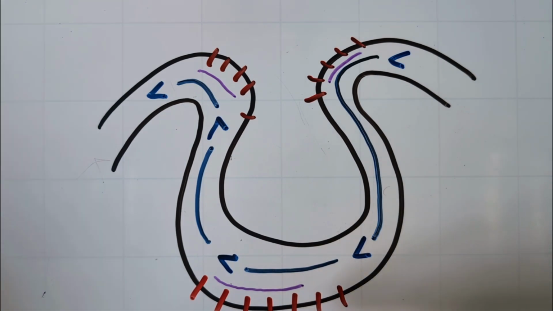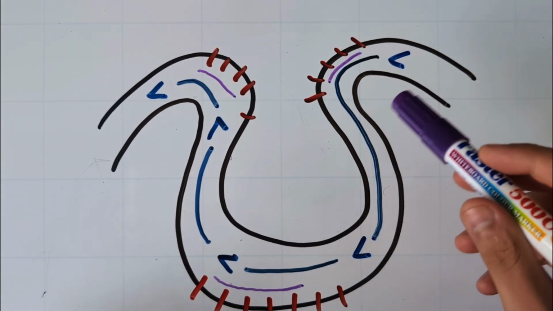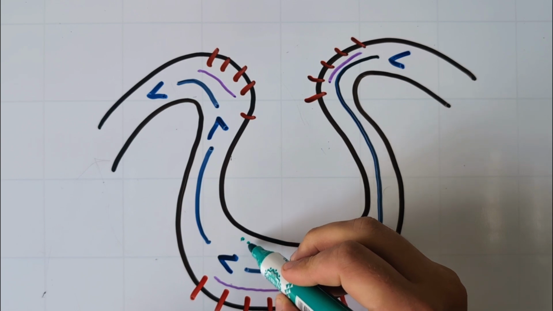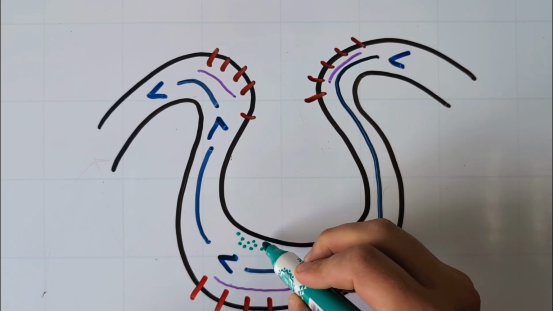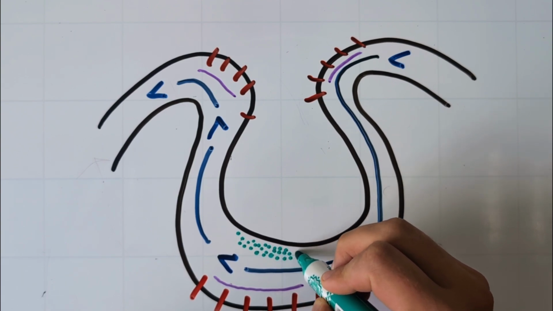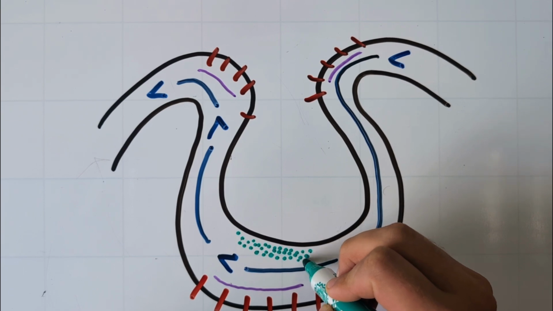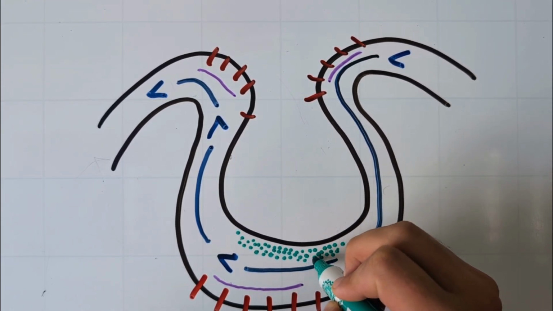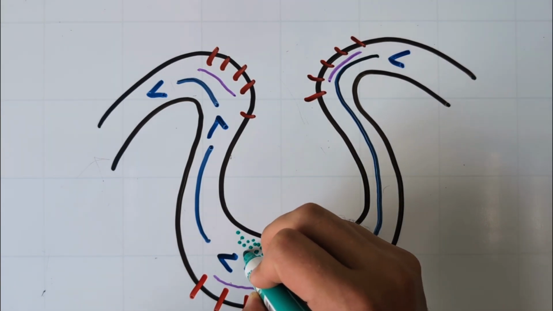Now, because it's fastest on the outside of the bend, you're seeing erosion. But the opposite is taking place on the inside of the bend. It's going very, very slowly. And we should know from our unit on coasts that when our water loses energy, all that sediment it's transporting starts to be deposited, okay?